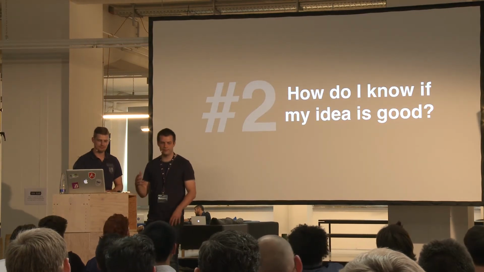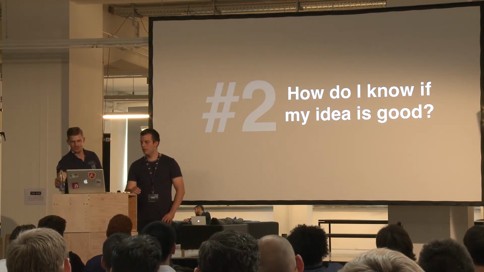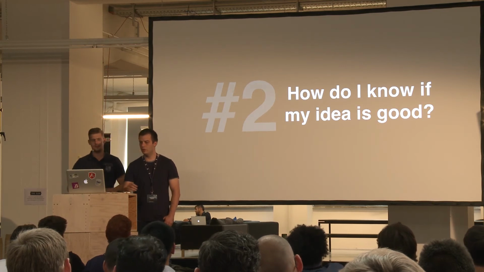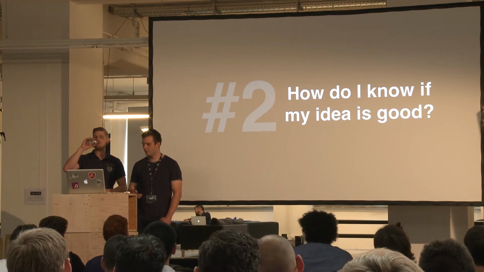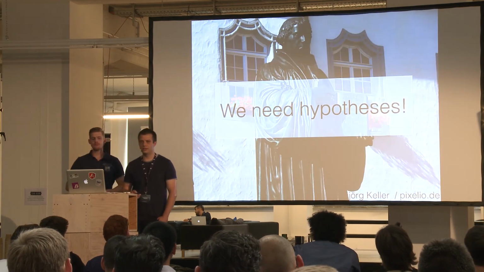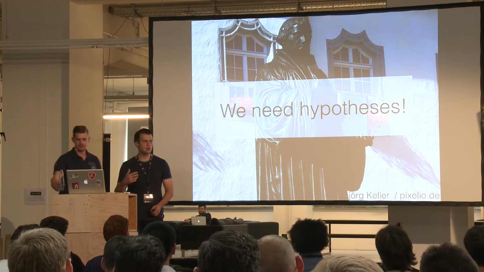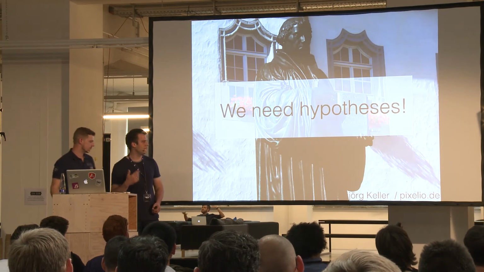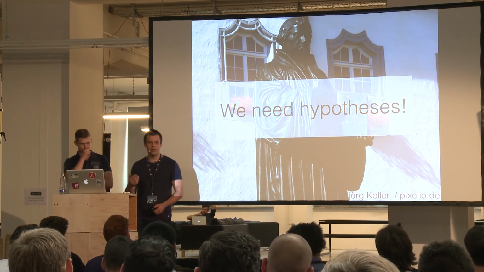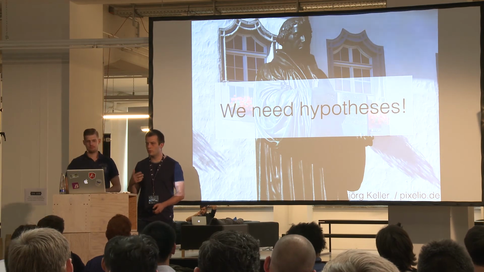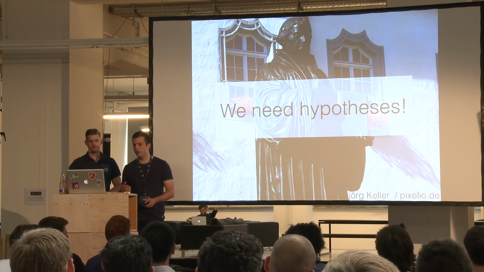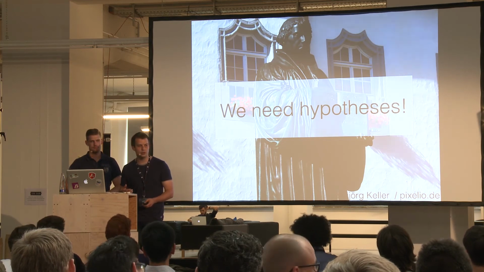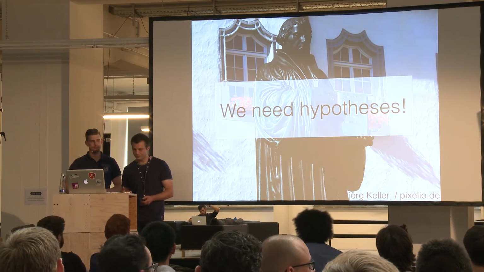So now we have all the stuff together. Now we have to find out if we have a good idea or not. And this is where it comes to business. We need those hypotheses. So we need to talk to the non-tech guys and find out what this product should do. There are several methods in order to get those ideas.